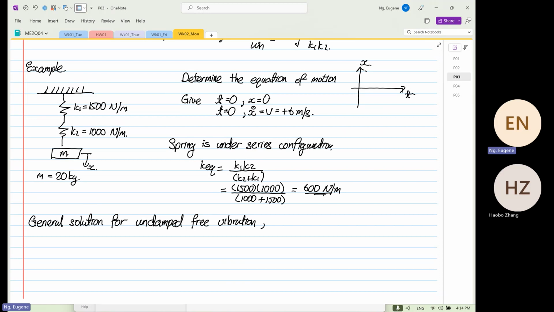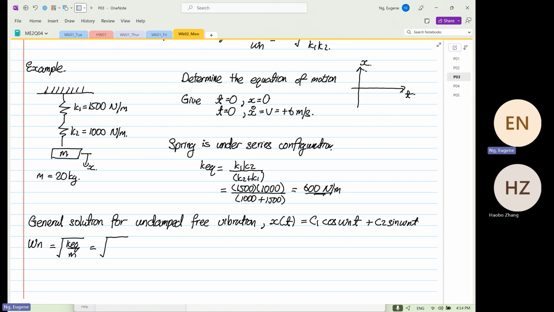The expression is x as a function of t equal to C1 cos omega n t plus C2 sine omega n t. We know that omega n is equal to the square root of K equivalent over the mass.